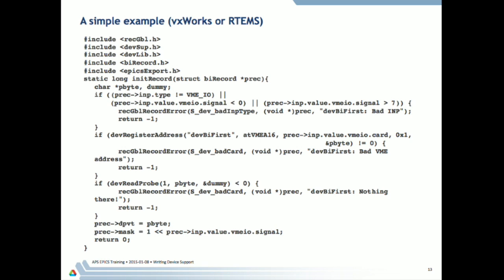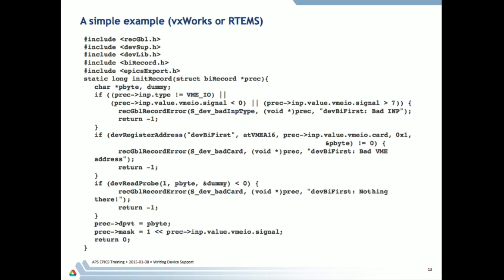So we register our address of the card. The card number in that input address is where we're going to expect the address in the VME A16 space. So I use dev register address. The name is just for reporting purposes.